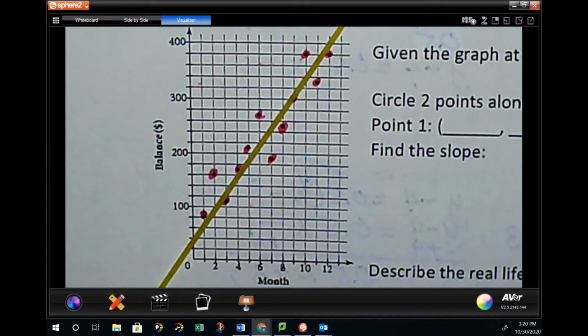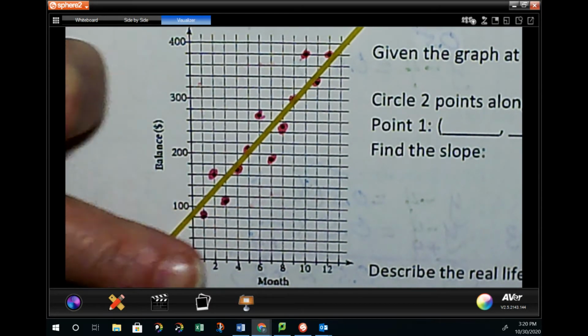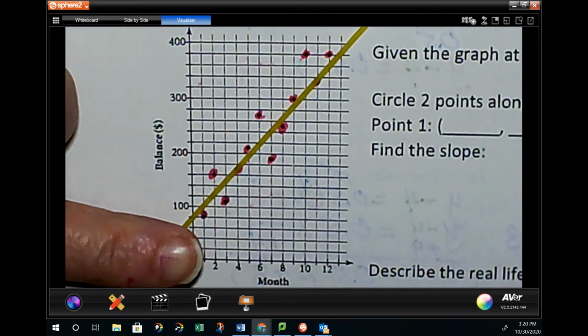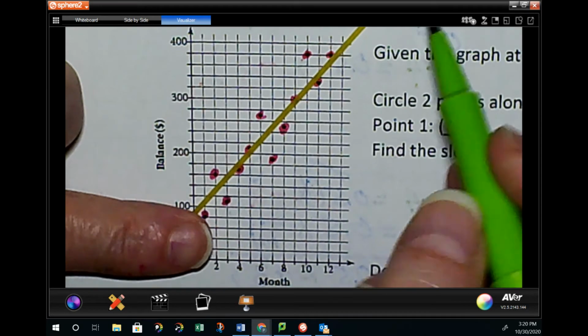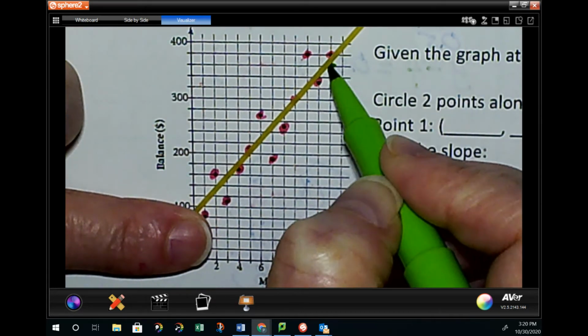In order to find your line, I use my spaghetti because that really is a good idea, and I can look and see. There are a few dots above, and that's a pretty good line. I use my spaghetti as my guide.